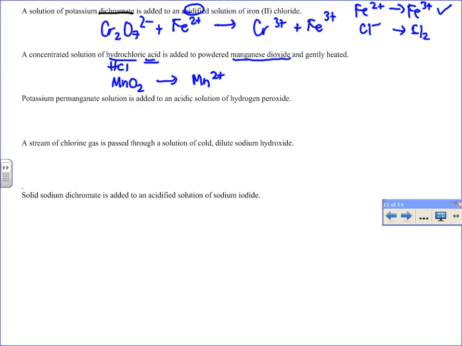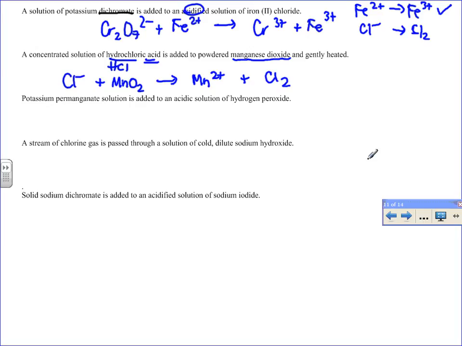So we know that it's been reduced. So we need something else that's going to be oxidized. The only other atoms we have are hydrogen ions and chlorine ions, and hydrogen is already oxidized, so our only option here is for the chlorine ions to be oxidized to Cl2. Okay, and there's your skeleton equation, and then you would balance that in acid.